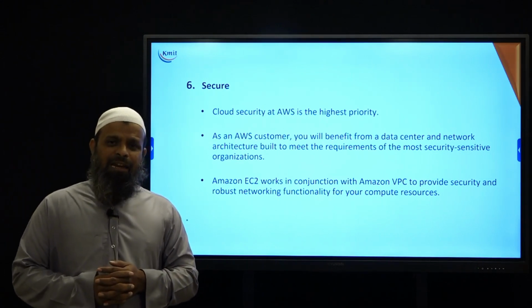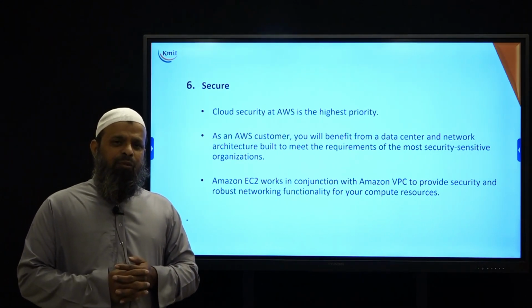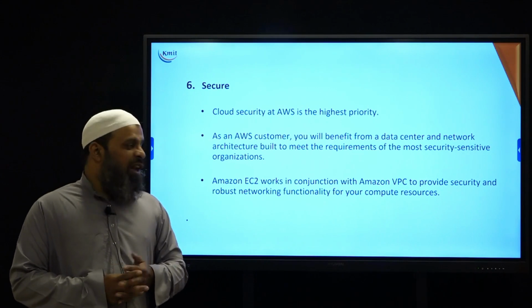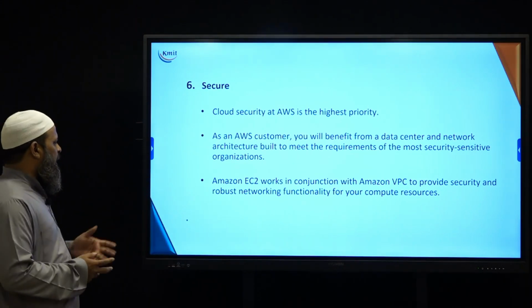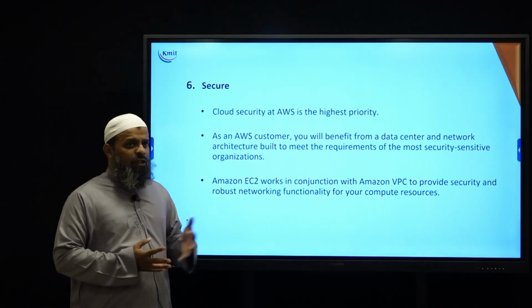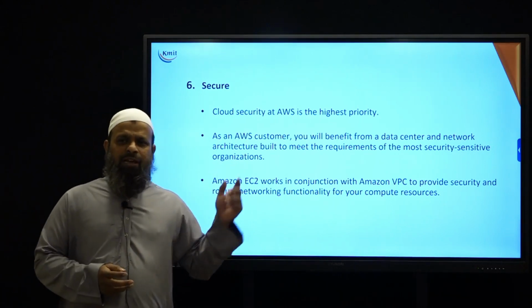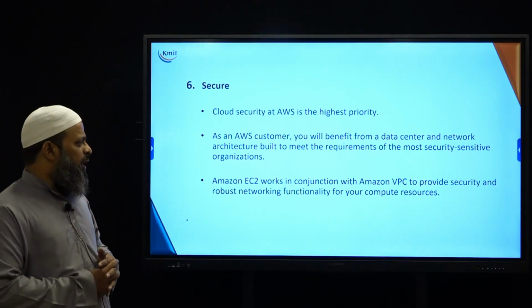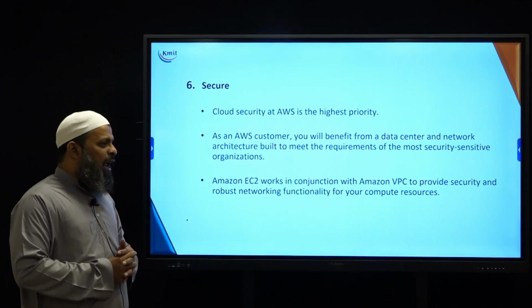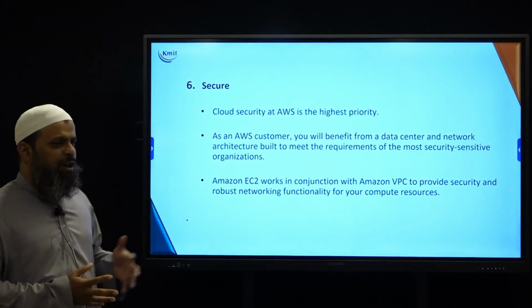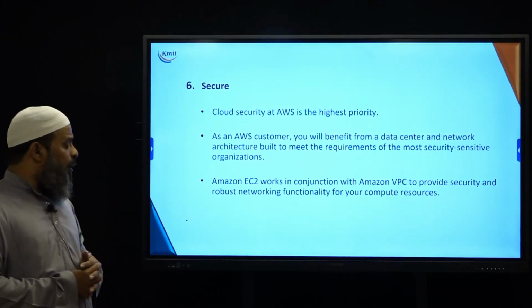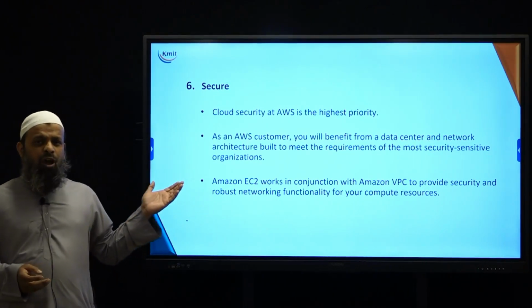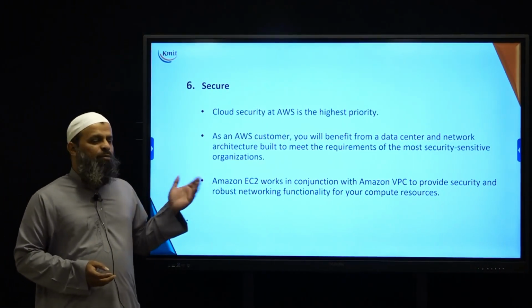It is highly secured, you can work on any type of data, there is no security lapse. Amazon EC2 works in conjunction with Amazon VPC, as we have shown in the diagram. Amazon VPC provides different types of security and robust networking functionality for the complete compute resources. We will see how security is provided with the help of VPC.